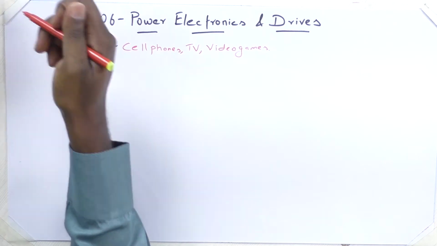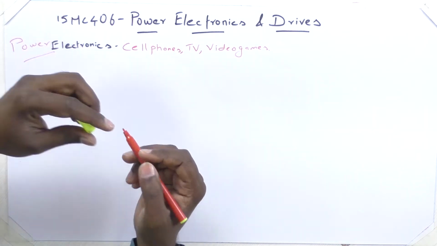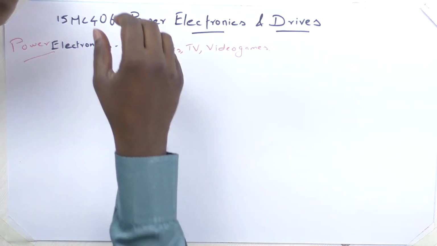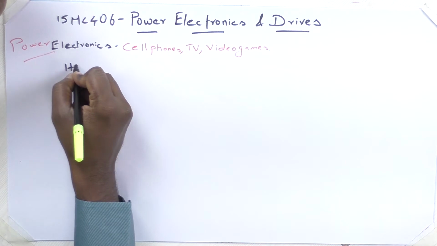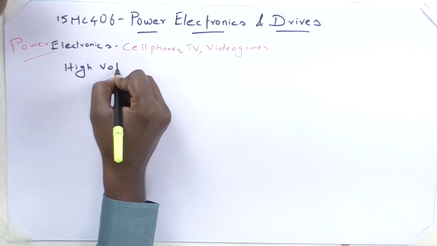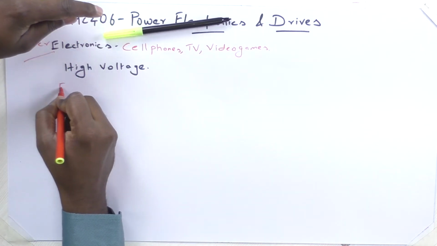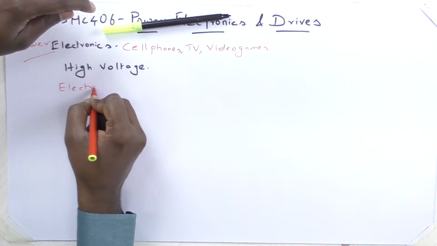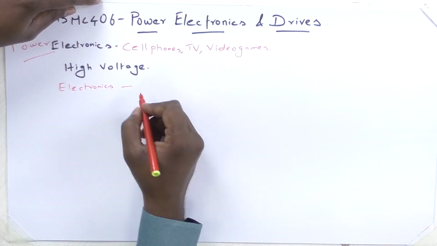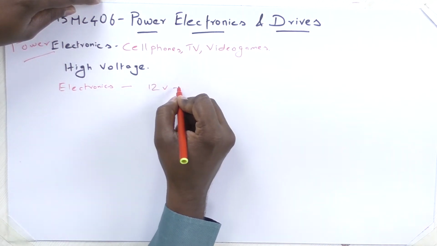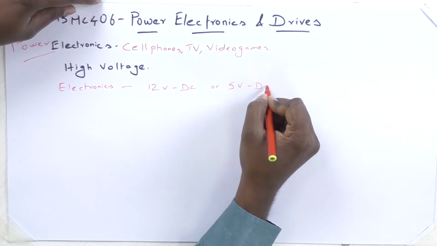So what is the term power that comes before it? Power electronics is something that deals with high voltage devices. So what does it mean? Usually electronics mostly deals with something like 12 volts DC or 5 volts DC.